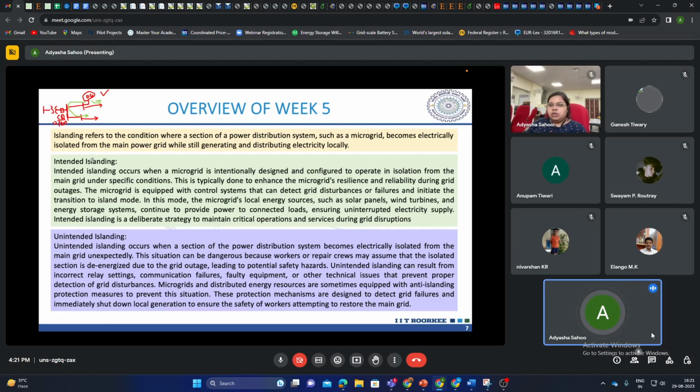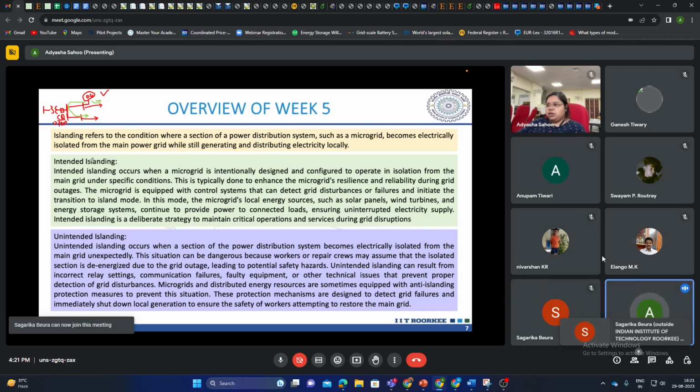Secondly, we can also have intended islanding for service, repair and maintenance. In case of fault, the localized resources will provide power to the localized loads.